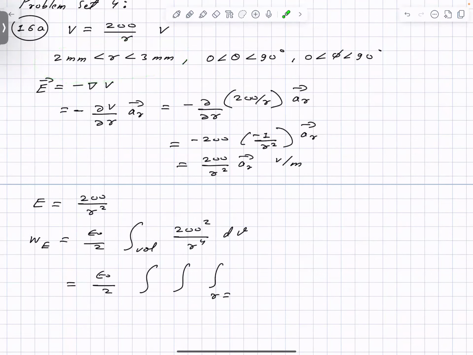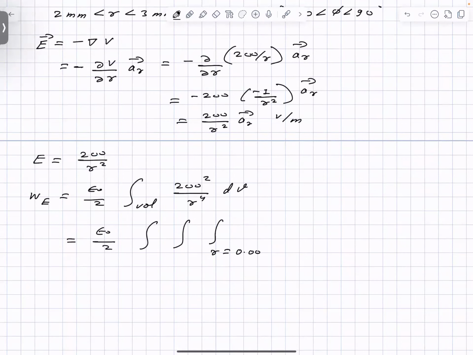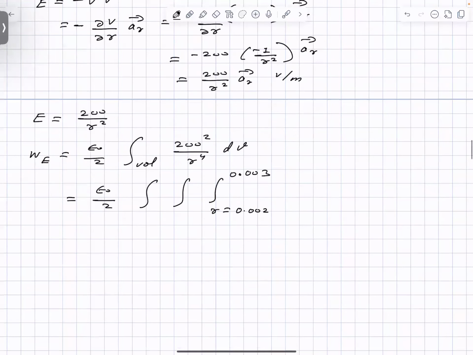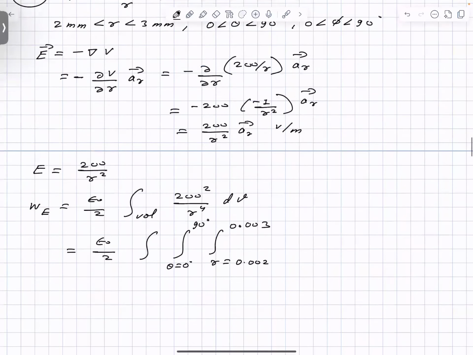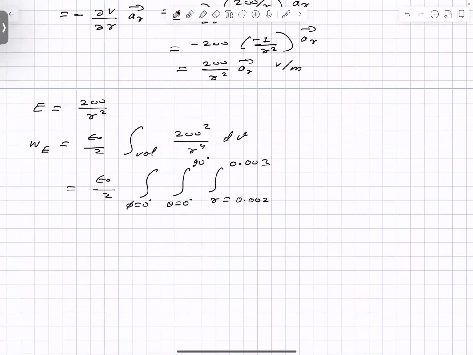The range of R is given as 2 to 3 millimeters, so it becomes 0.002 to 0.003. Then theta varies from 0 to 90 degrees, and phi also varies from 0 to 90 degrees. We can factor out 200 squared. The expression for dV in the spherical coordinate system is R squared sine theta dr d theta d phi.